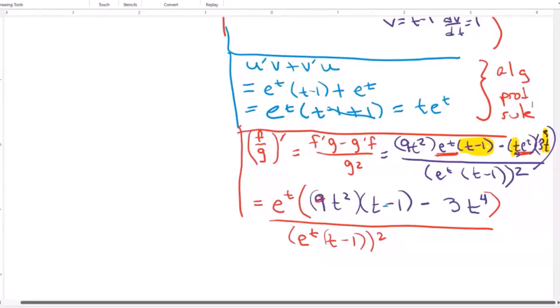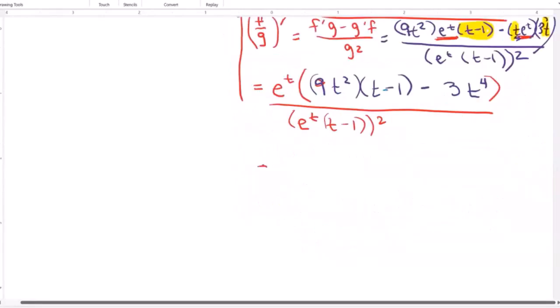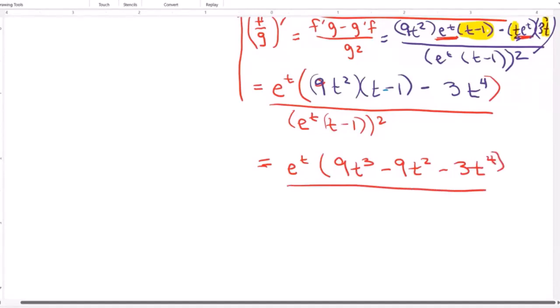All right, so this equals e to the t times 9t to the 3rd minus 9t squared minus 3t to the 4th divided by, and everything in here is squared, so I can say this is e to the t times e to the t times t minus 1 times t minus 1.